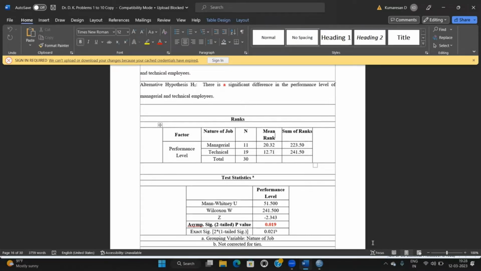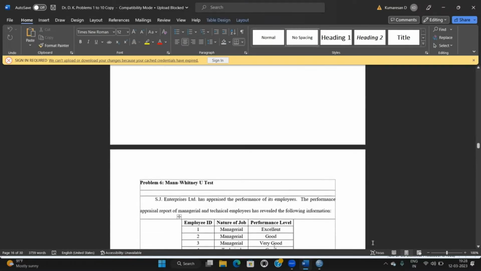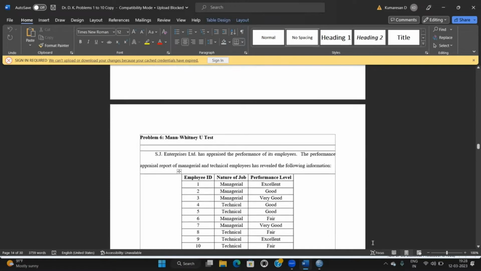So first of all, we got the question. We checked how many samples are there. There are 2 samples. If there are 2 samples, only 2 tests will come to our mind: the independent sample t-test and the Mann-Whitney U test.